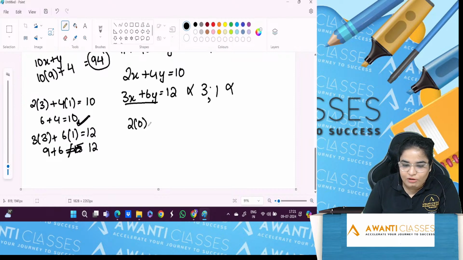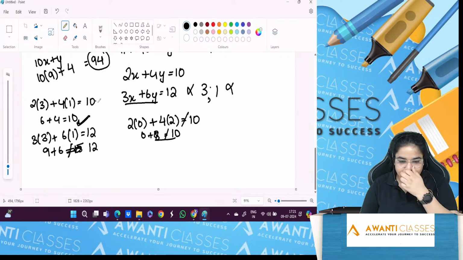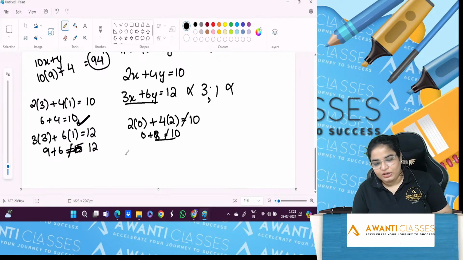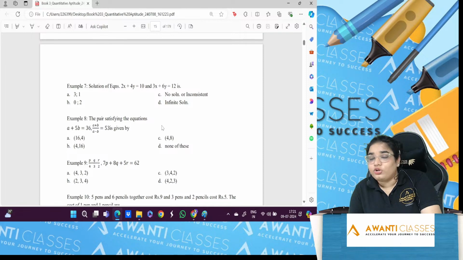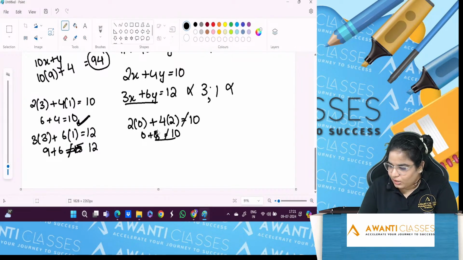Now, if x is 0 and y is 2, is it equal to 10? No. Why? 0 plus 8, not equal to 10. So it is not this, it is not this. Okay. In this question, if you want to see whether no solution or inconsistent, let us simply solve this, just to see.